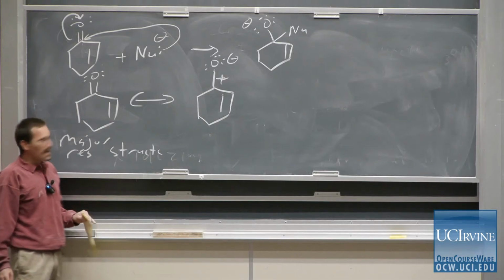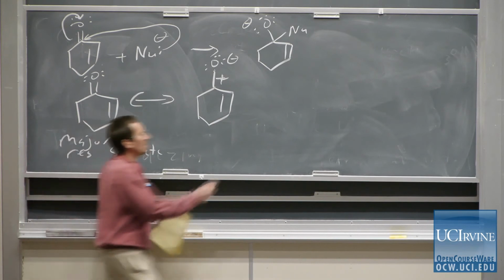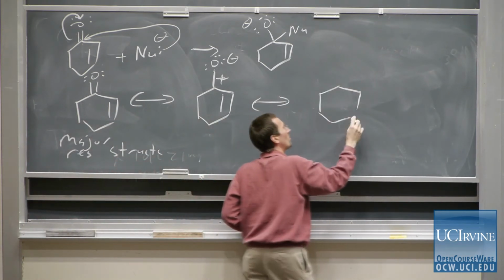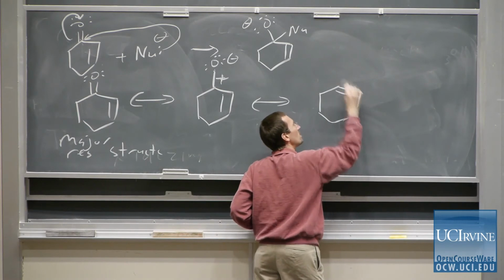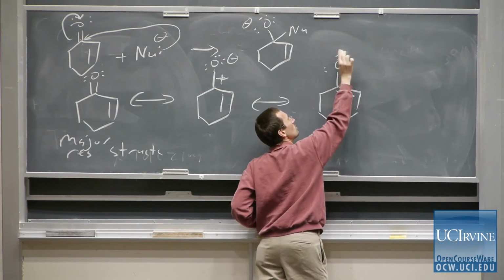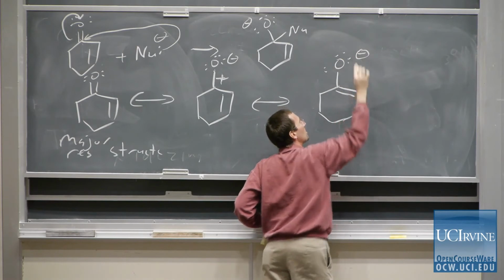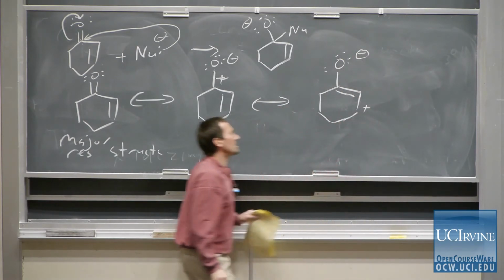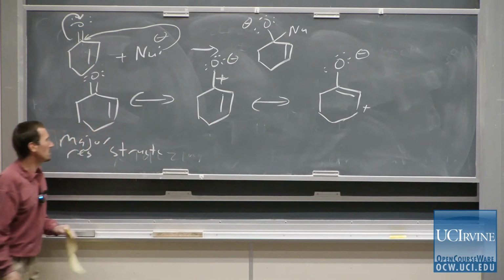But I can also write a third resonance structure, and the third resonance structure is to continue to move the electrons of the double bond, much as you do in an allylic cation, which you learned about in the previous quarter. And now you have your positive charge over at the beta position.